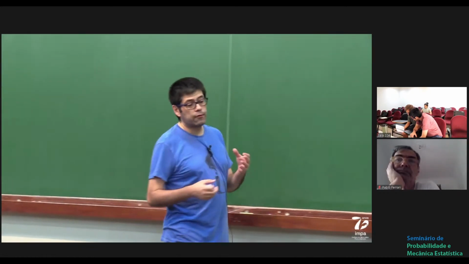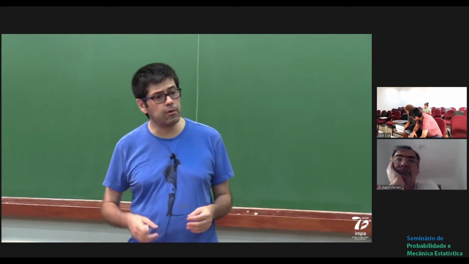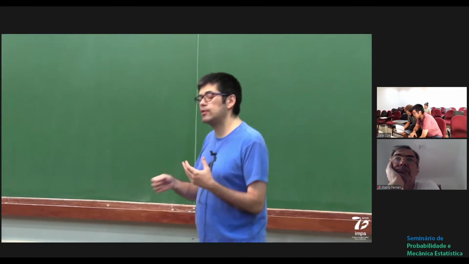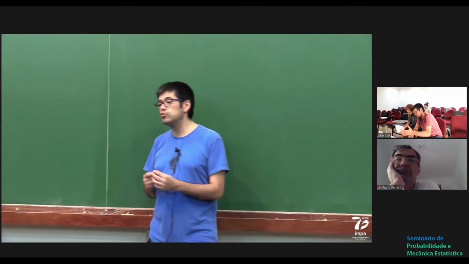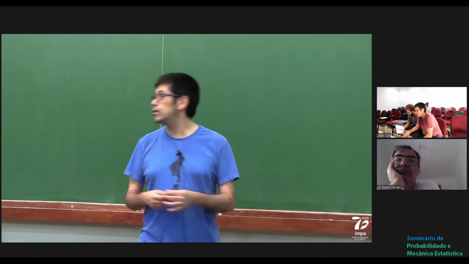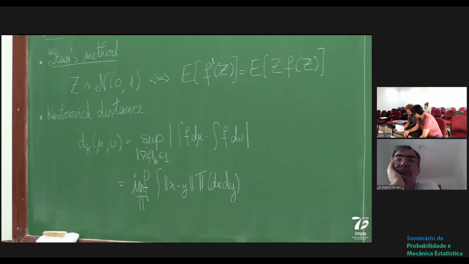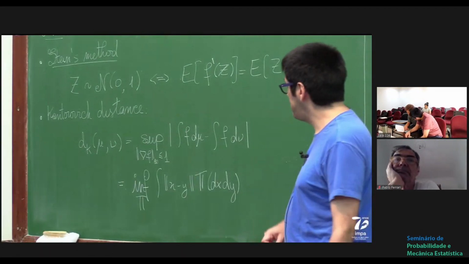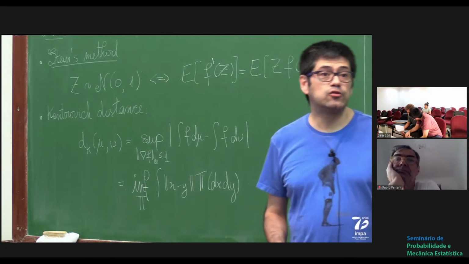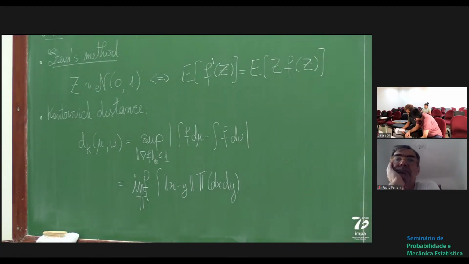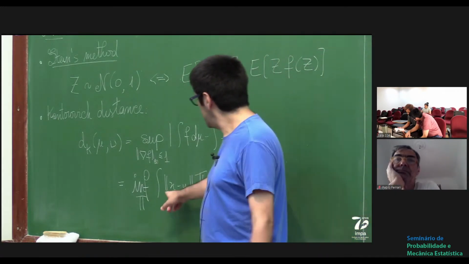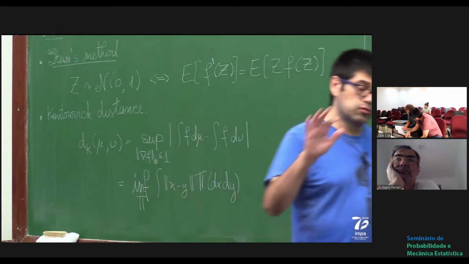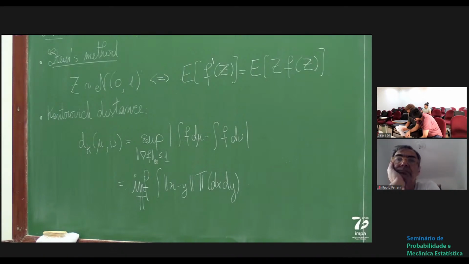You have a random variable that you think might or might not be close to a Gaussian random variable, and you want to show that it is actually close. What do you do? One possibility is to estimate the supremum here. Then it's going to be true that they are close in Kantorovich distance. And this has a useful consequence, which is that you can couple these two random variables in such a way that they are close in L1.